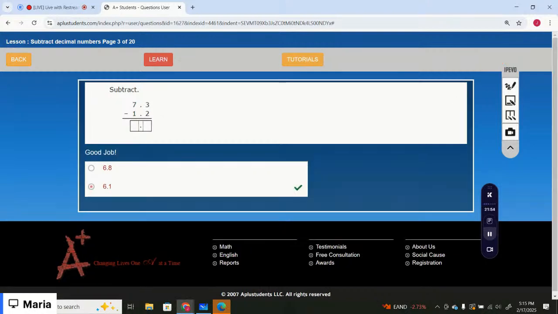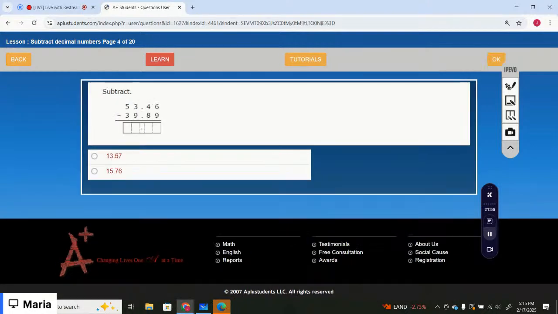Very good. Option number 2 is the correct option. Next, 53.46 take away 39.89.